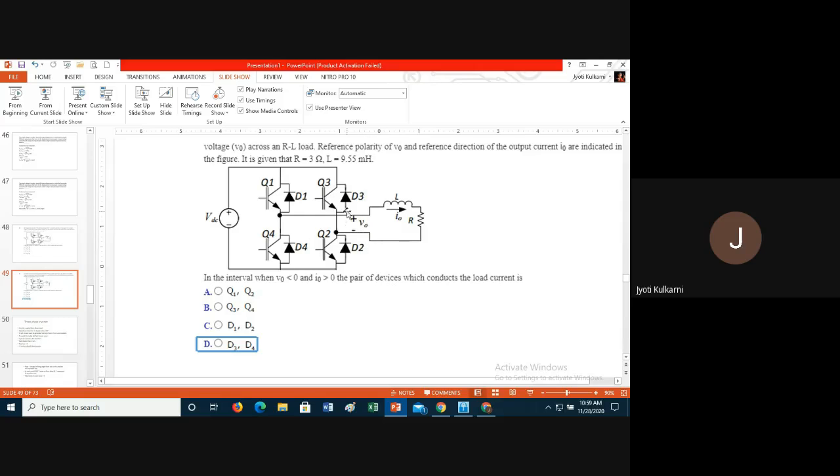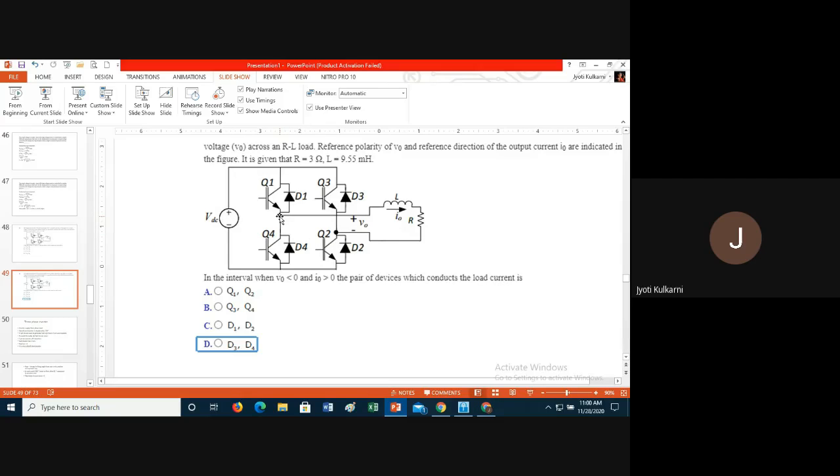But your V0 should now be negative. Your upper wire should be negative and your lower wire should be positive. If I want the upper wire negative, then this dot, this junction point, should go to which terminal of the input battery? It should go to the negative terminal of the battery, that is the lower terminal.